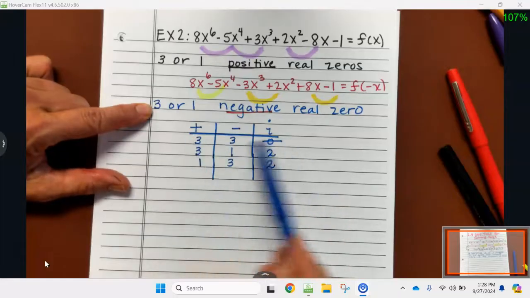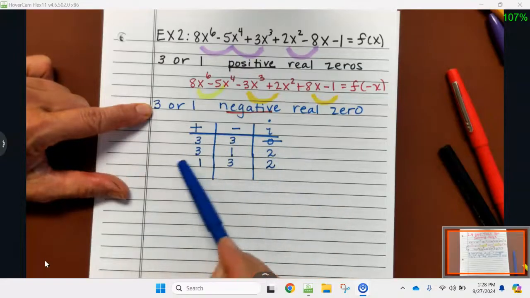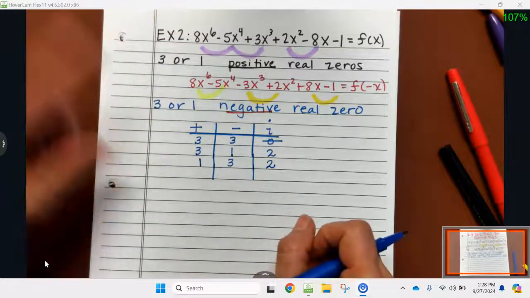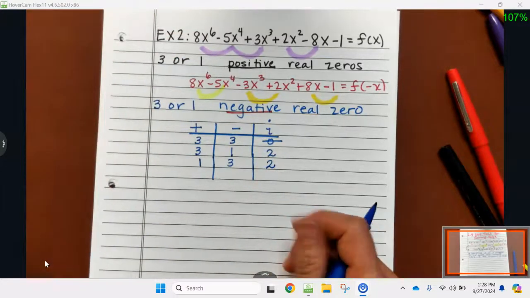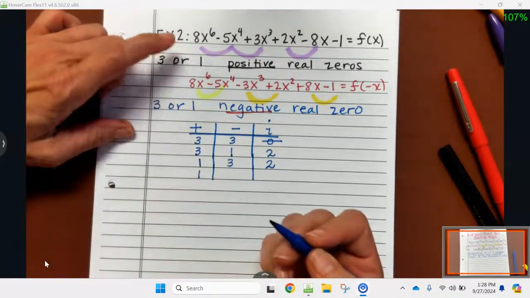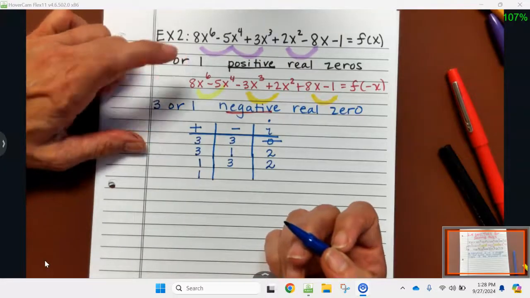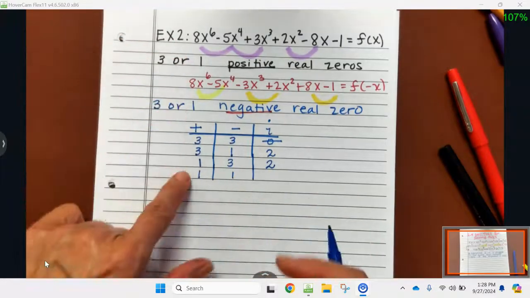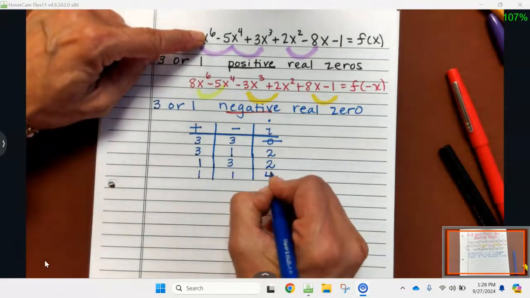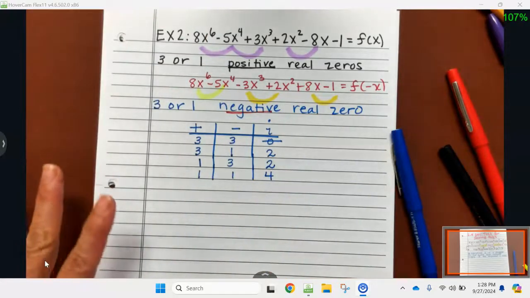Look, all these rows, if you add them up, they all equal 6 going across because that's the degree. All right, I'm going to say these words right this time. 1 positive, 1 negative. 1 plus 1 is 2. The degree is 6, so I would have 4 imaginaries.